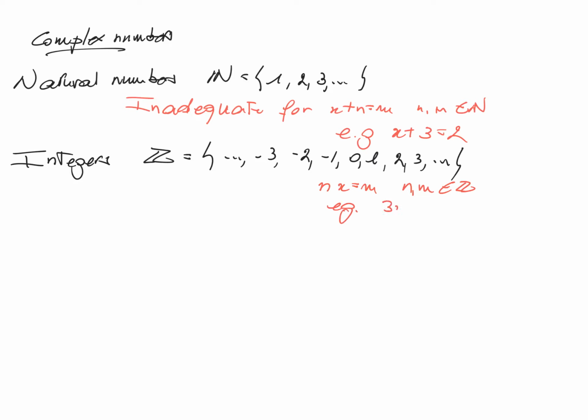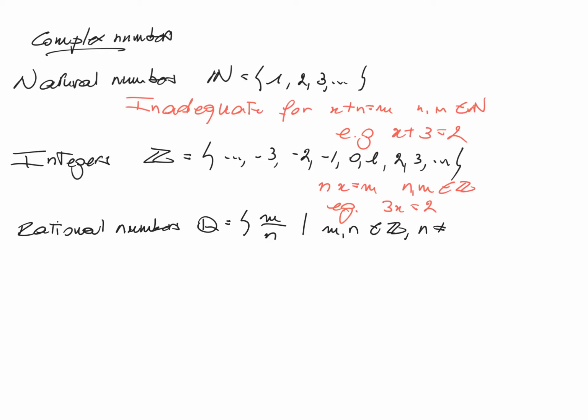So for example, 3 times x is 2. So the solution would be 2 over 3. So we have fractions which are not included in the integers. When we go to the rational numbers, indicated by the letter Q, this is basically Z plus all those fractions which are not included in Z. So we can write Q as m over n, for which m and n are both integer numbers and n is not equal to 0.